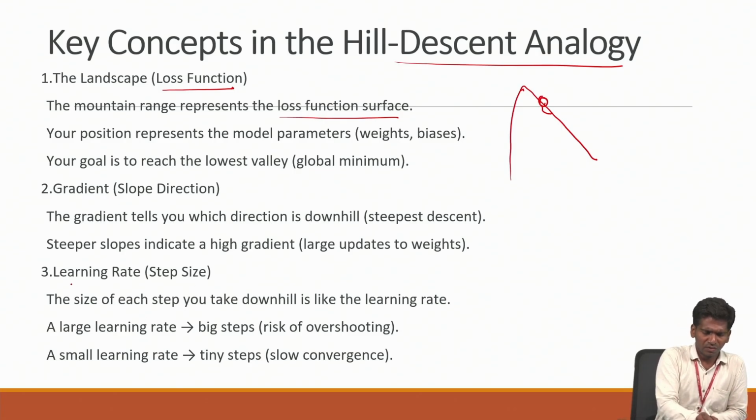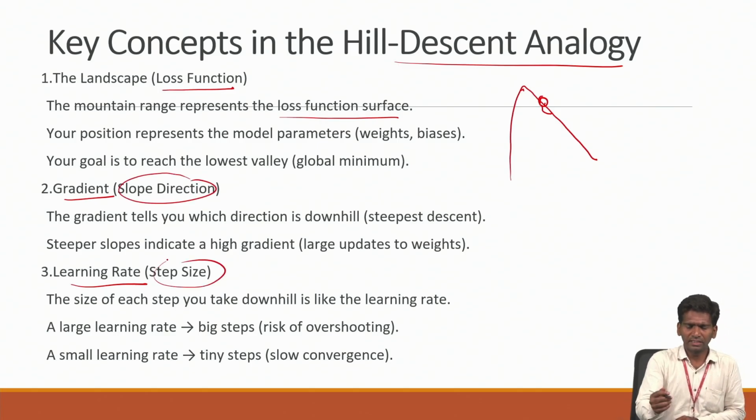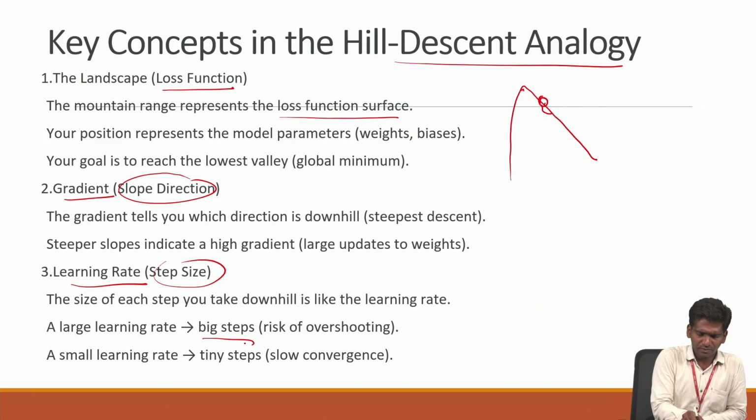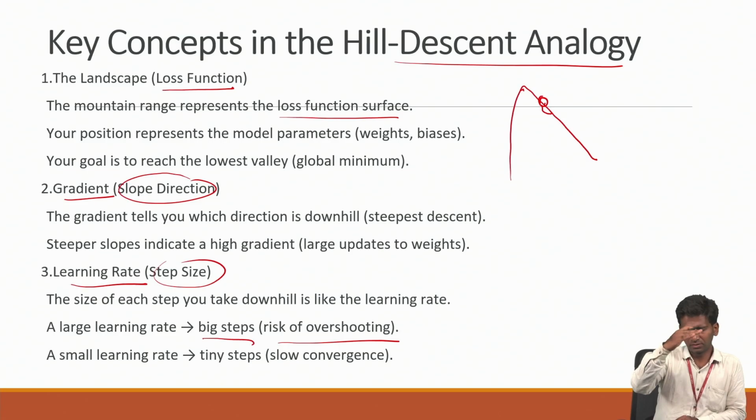Learning rate is one of the terms that we will be using in our deep learning concept, and we are trying to relate these concepts to this example: how do we travel from the top of the hill to the bottom? The learning rate may be big steps, with a risk of overshooting. The risk may be very high when you are running down the slope, which is a difficult job.